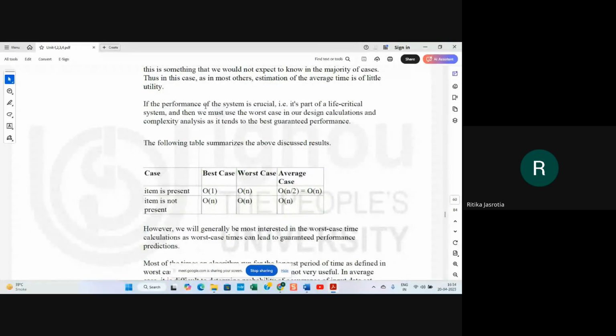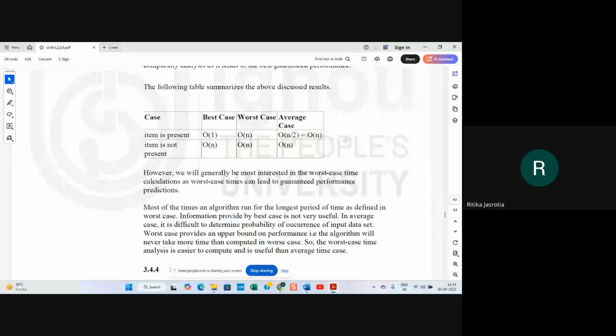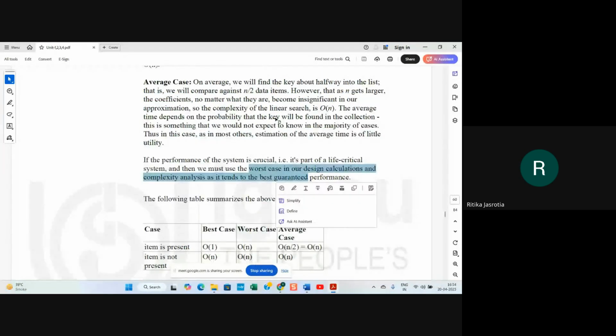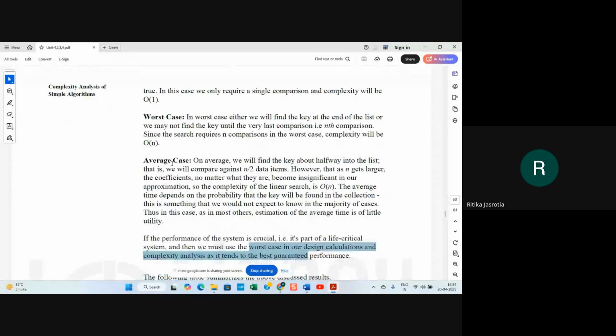If the performance of the system is crucial, for example if it is part of a life critical system, then we must use the worst case in our design calculation and complexity analysis, as it gives the best guaranteed performance. So what they are saying is, if we have to create a time critical or life critical system, then we will take the worst case, O(n), as our design calculation.